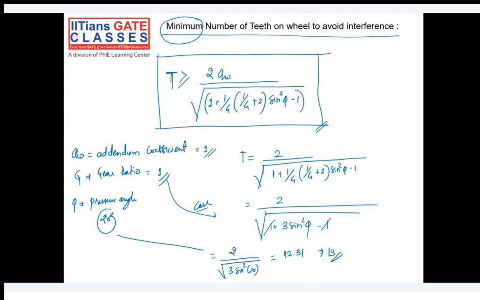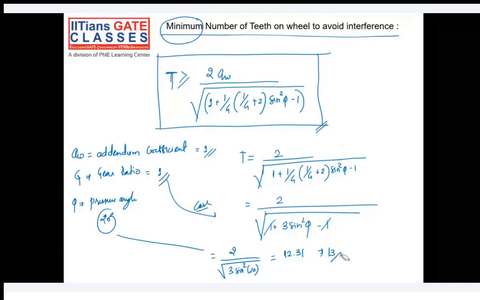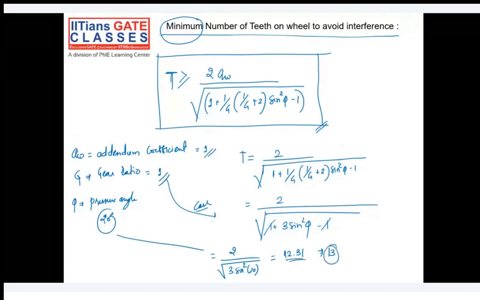More than 12 gears but less than 13 means the next number is 13. So you can say that at least 13 teeth are required on a gear if you have a pressure angle of 20° and a gear ratio of 1, in order to avoid the interference in case of involute teeth profile.